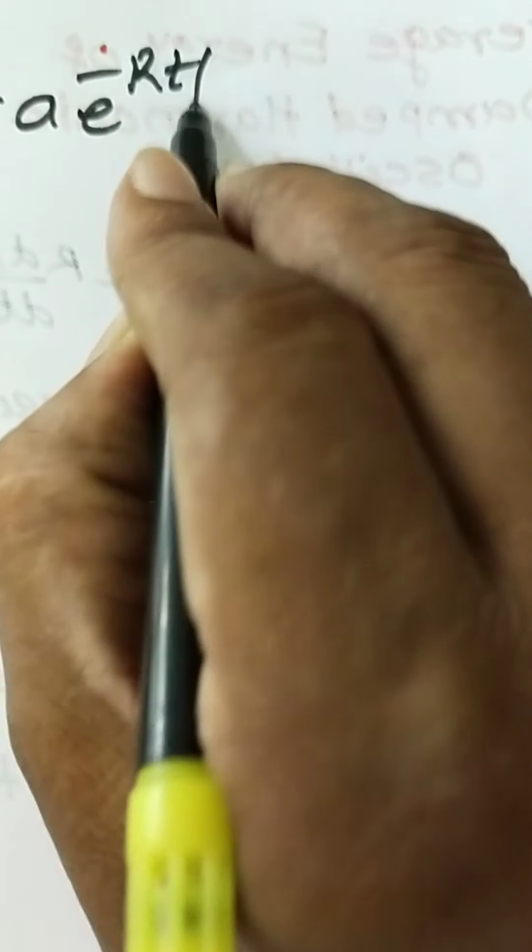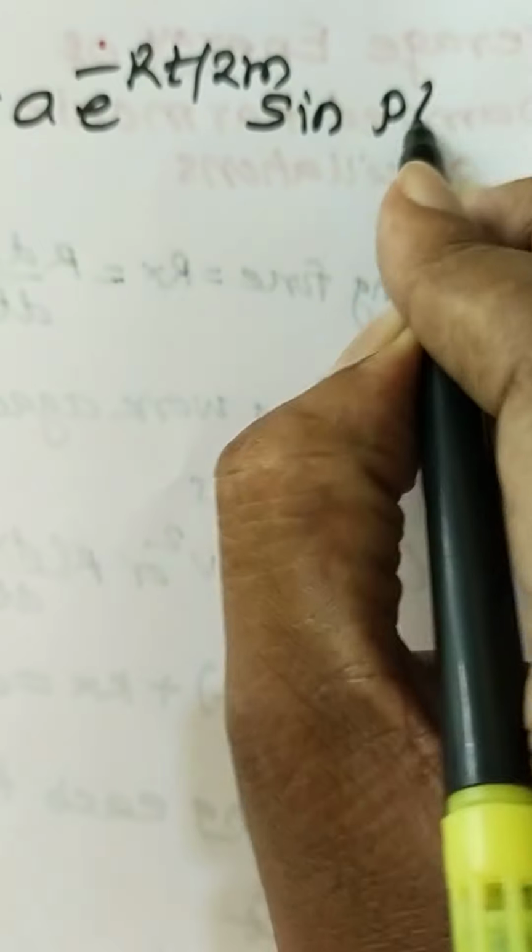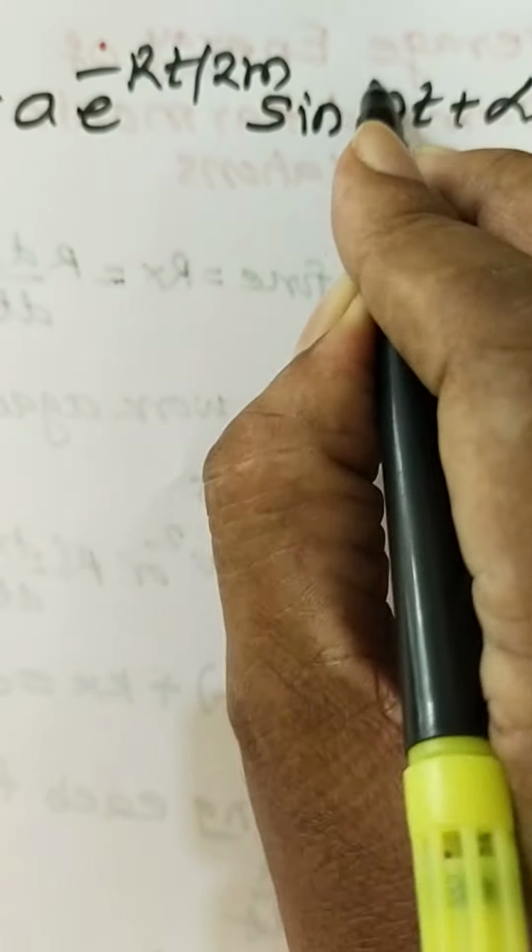These are the displacement of the damped oscillator, that is x is equal to A e raised to minus Rt upon 2m sine(pt plus alpha).